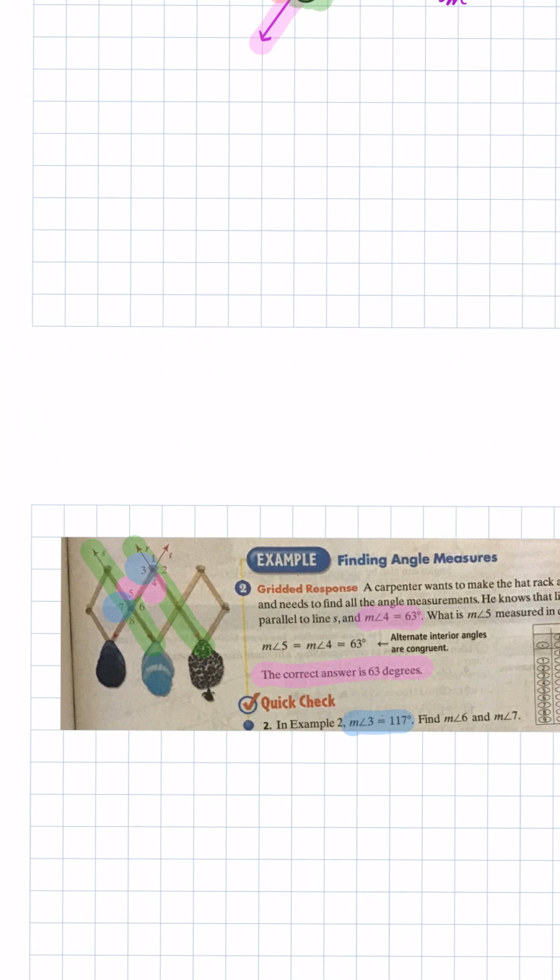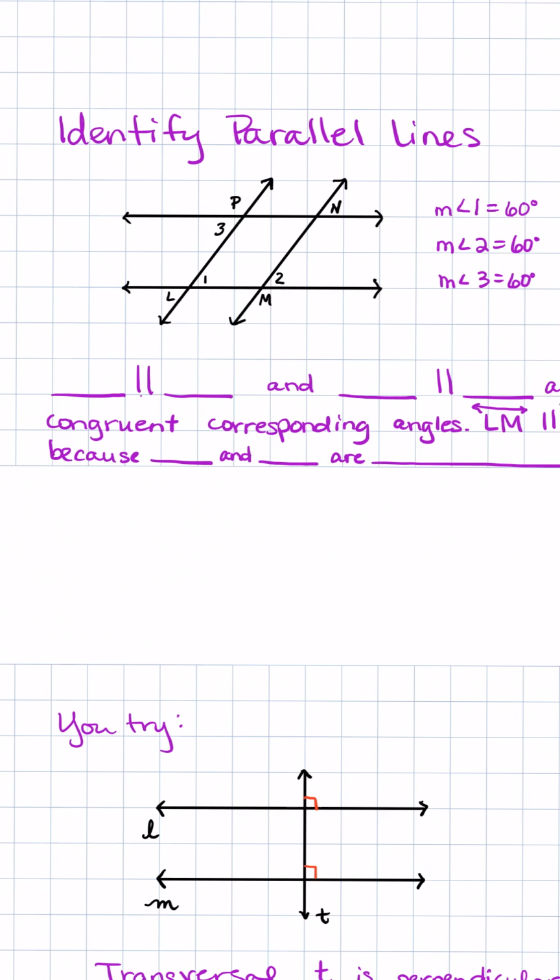So we know that the measurement of 7 equals 117 degrees. And then the measurement of 6 is going to be the same as 7. So the measurement of 6 also equals 117 degrees.